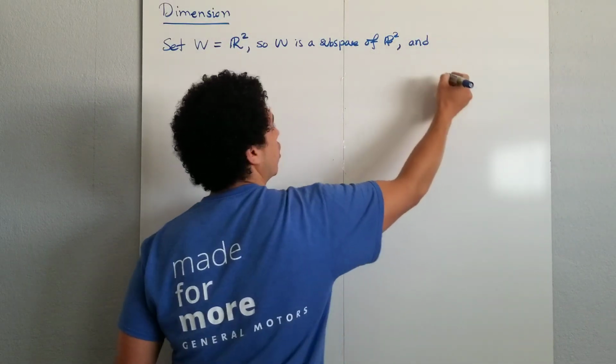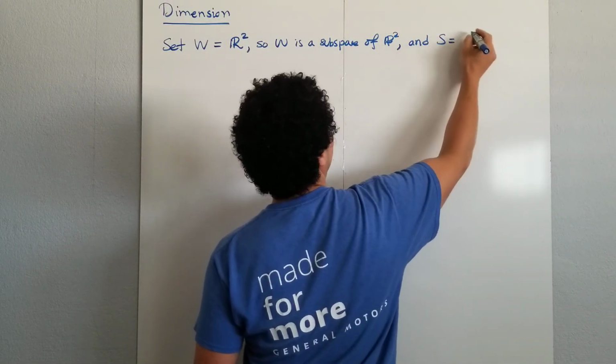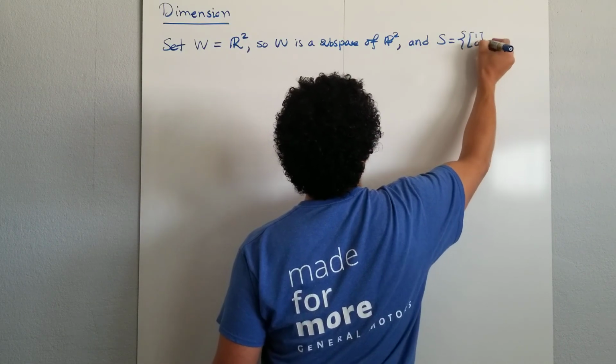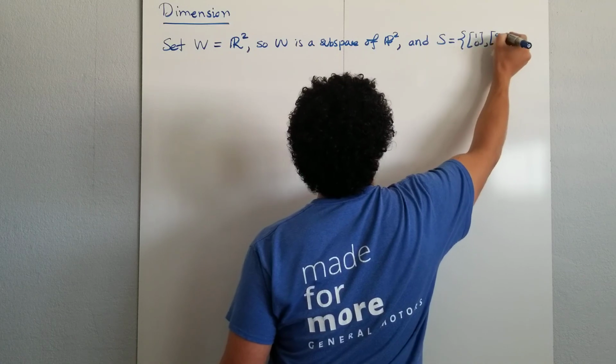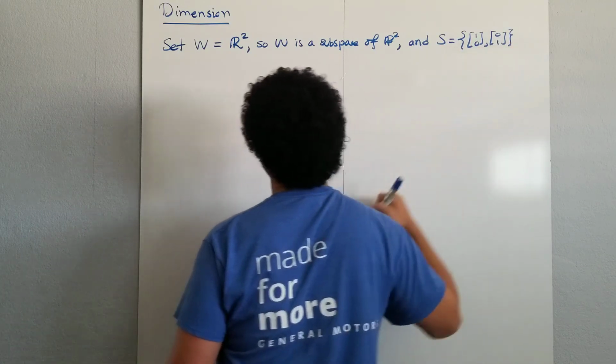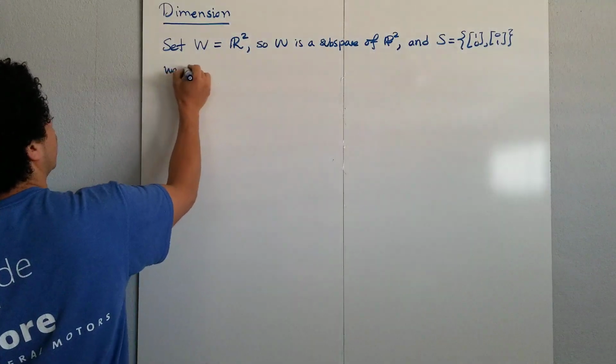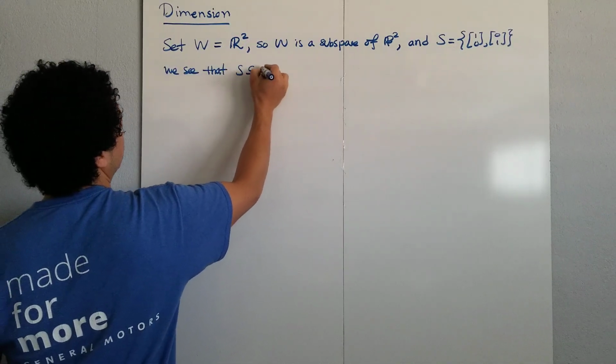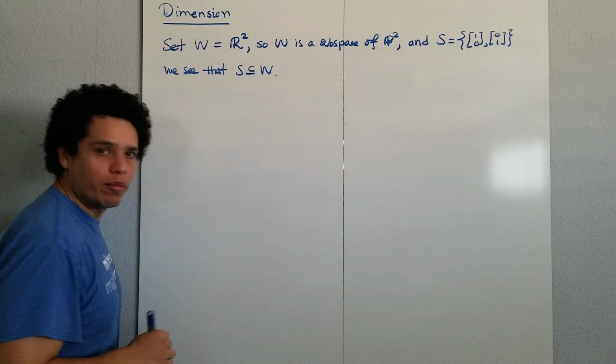And I'm going to set S to be the collection of vectors (1, 0) and (0, 1). This way, we see that S is a subset of W, right?